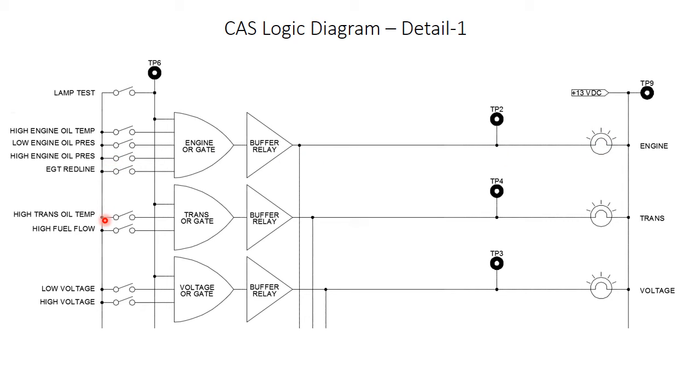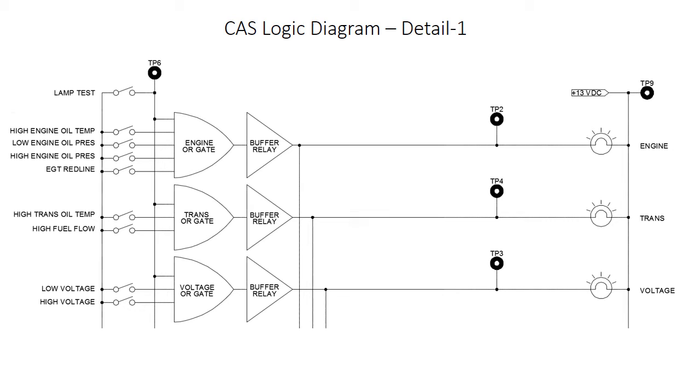Down here I'm taking 2 inputs to drive 1 output: high transmission oil temp and high fuel flow. The reason for the high fuel flow being associated with the transmission takes a little explaining. You'd think maybe that should go with the engine.